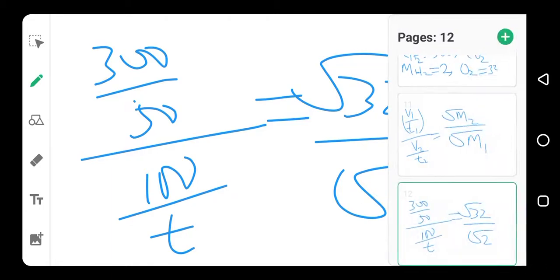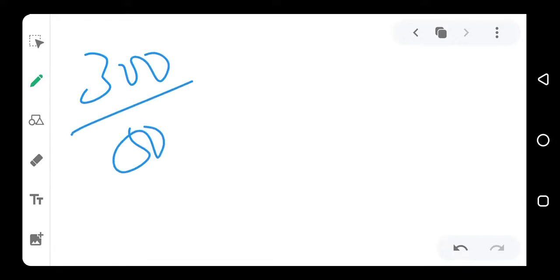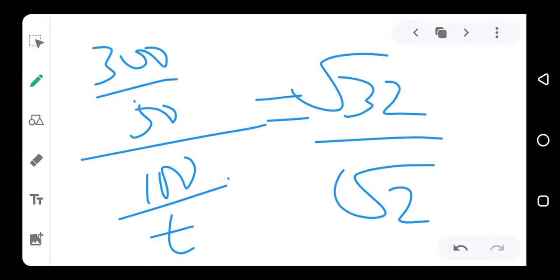Now we solve for this. We have 300 over 50. Here, this is division, so we can change this sign to multiplication, and then we invert these values.